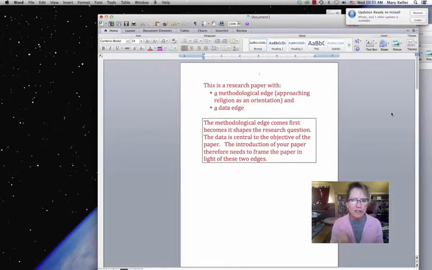Let me make this point about why methodology comes first. When you all first arrived to this class, there's a very good chance, had we done a survey, that you would have largely stated and defined religion as a set of beliefs.